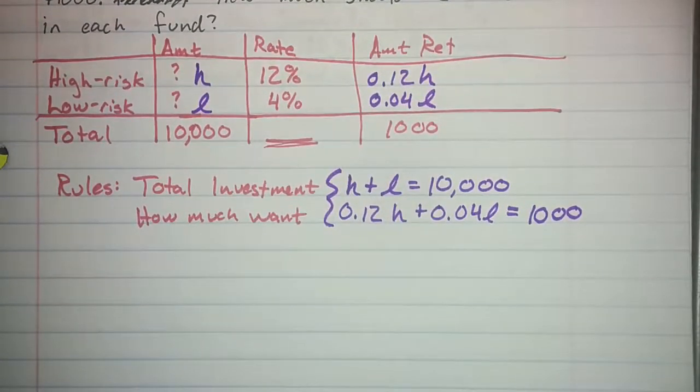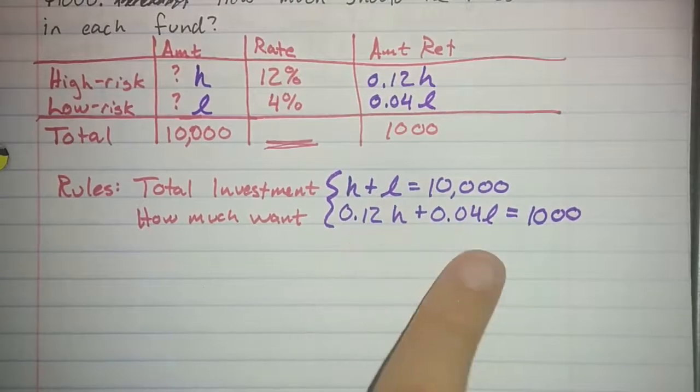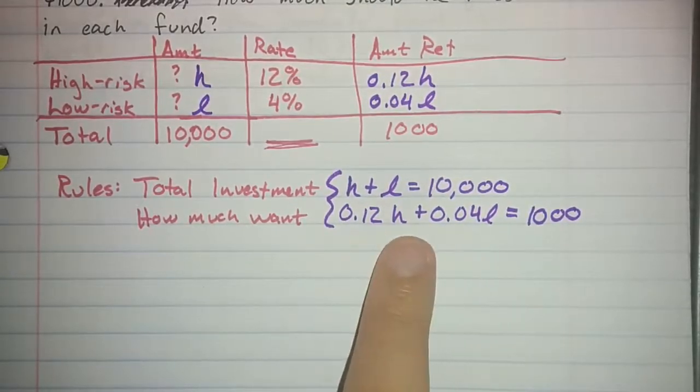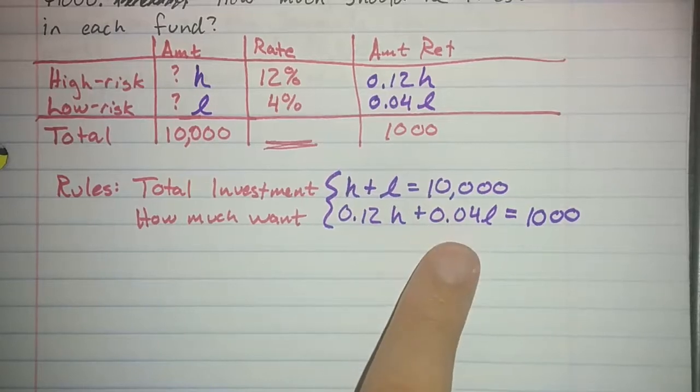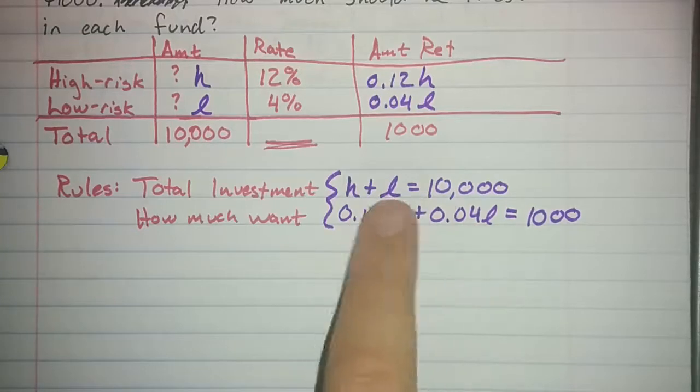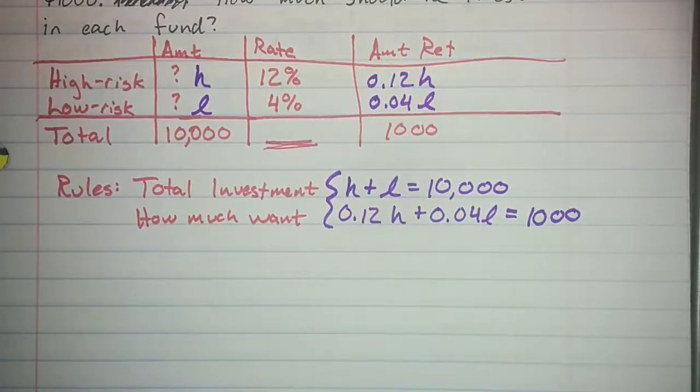Okay, again, if I don't like decimals, I could multiply both sides of this by 100 if I wanted to. I think I'm okay with decimals. I'm going to just go ahead and solve with the decimals in place. I think I'm going to choose to eliminate L by multiplying both sides of this first equation by negative 0.04.